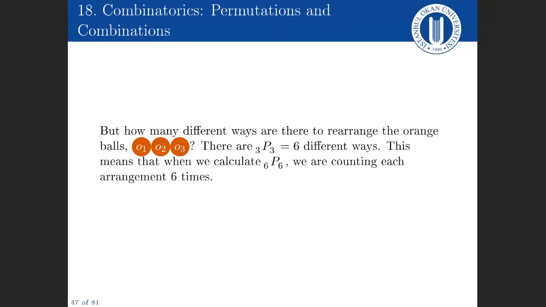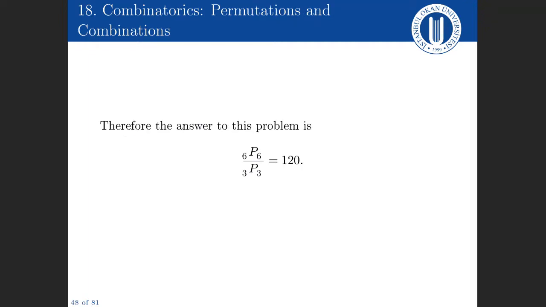How many different ways are there to arrange the orange balls? 3p3, or 6 different ways. This means that if we calculated 6p6, we're counting each arrangement 6 times. So the answer to this problem is going to be 6p6 divided by 3p3, or 120.